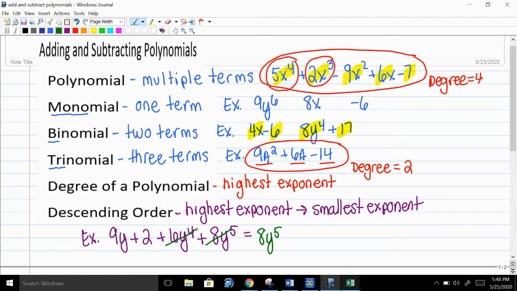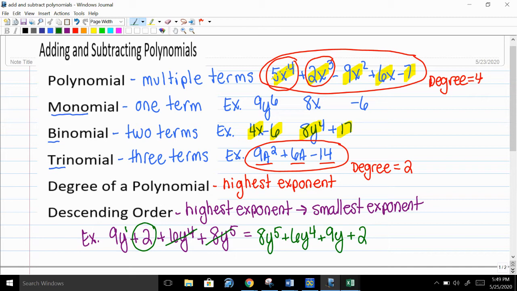The next biggest exponent is 6y to the fourth. The next biggest exponent is right here, that has a 1, so the plus 9y would be next. If there's ever a constant, if there's ever a number, also known as a constant, that's always going to be last because it has no variable, which means it has no exponent. So if there's a constant in the expression, that's always going to be last.